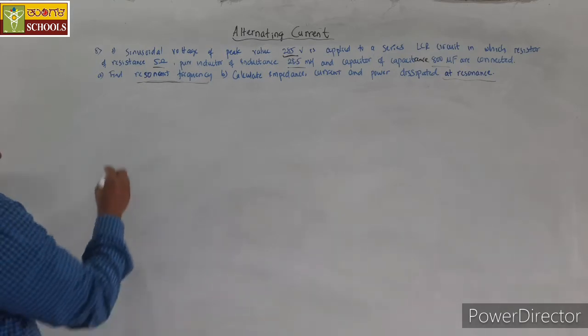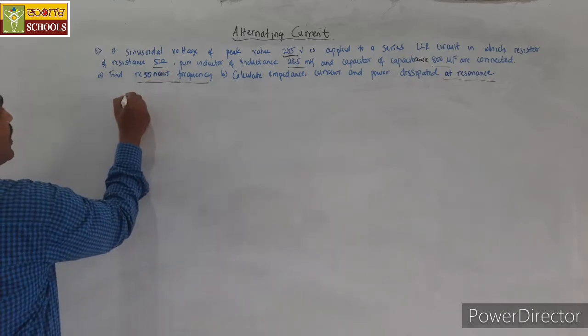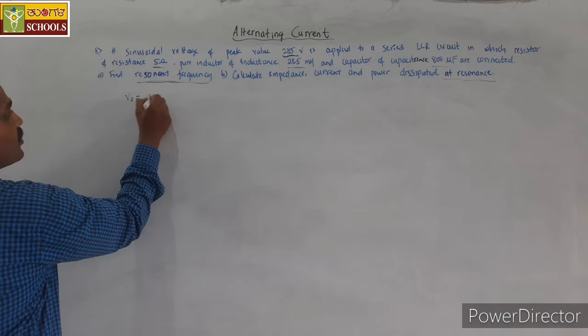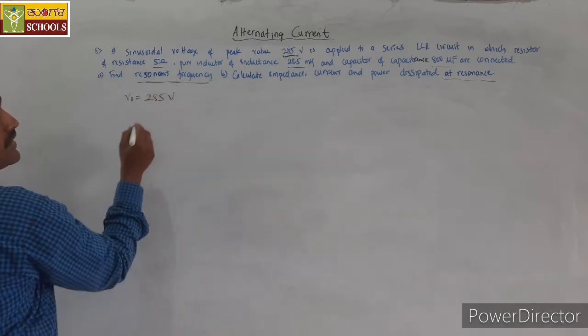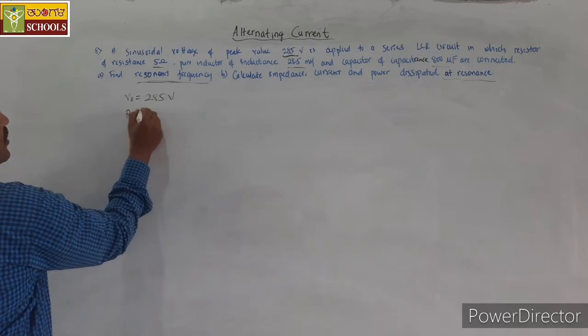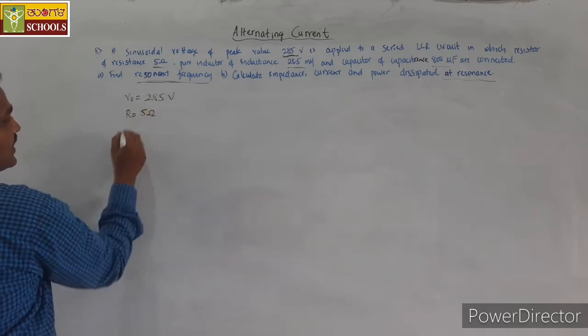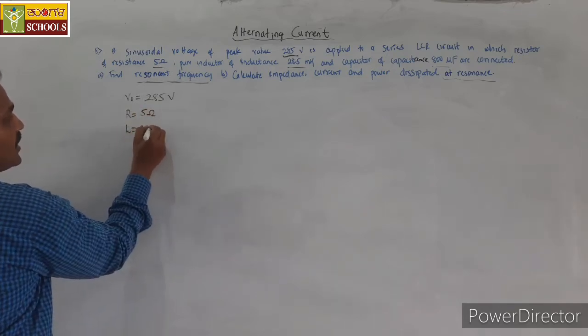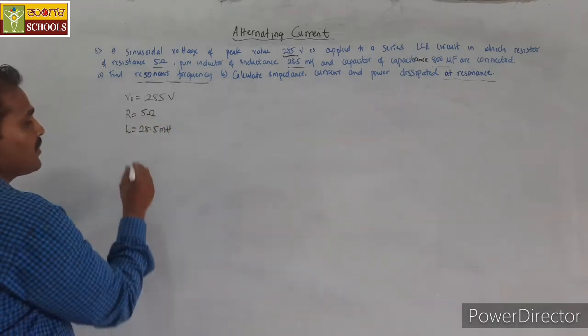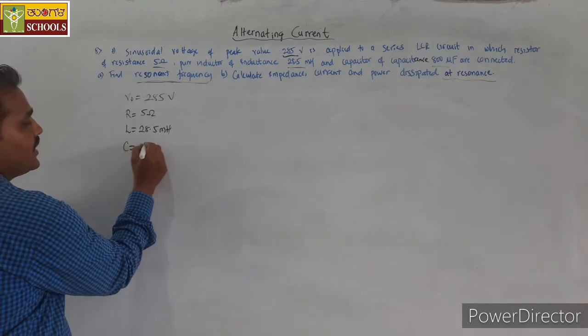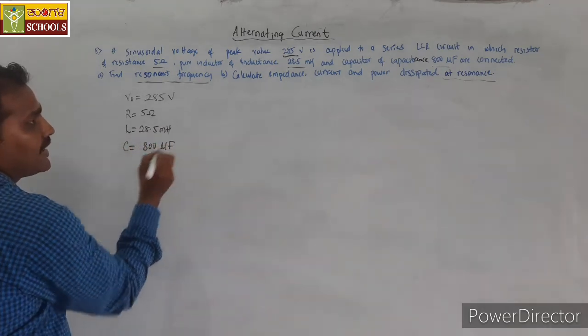First, write down the data given. The peak value is given, that is V0 is equal to 285 volt. Then resistance is 5 ohm, inductance is given to be 28.5 millihenry, and the capacitor is given as 800 microfarad.